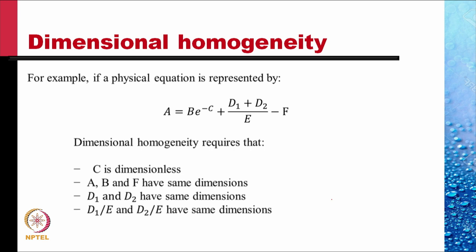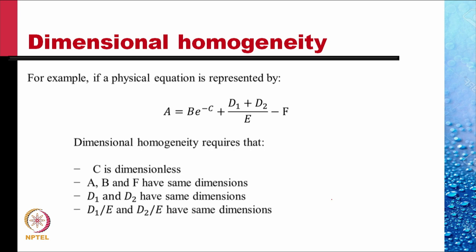Since C is dimensionless, e raised to minus C is also dimensionless. So A and B must have the same dimension for homogeneity, and similarly F must have the same dimensions as A or B. D1 and D2 are added, so they must have the same dimensions.